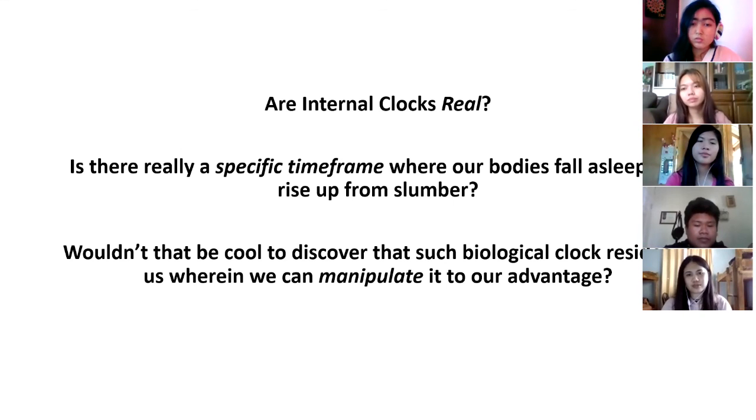Wouldn't that be cool if we could manipulate this waking up and sleeping of our body and use it to our advantage when we have a meeting? For example, we want to wake up at a specific time without the use of alarm clocks. We can manipulate ourselves to wake up at that specific time if we can properly grasp the factors affecting the circadian rhythm. So our internal clock's real? Yes.